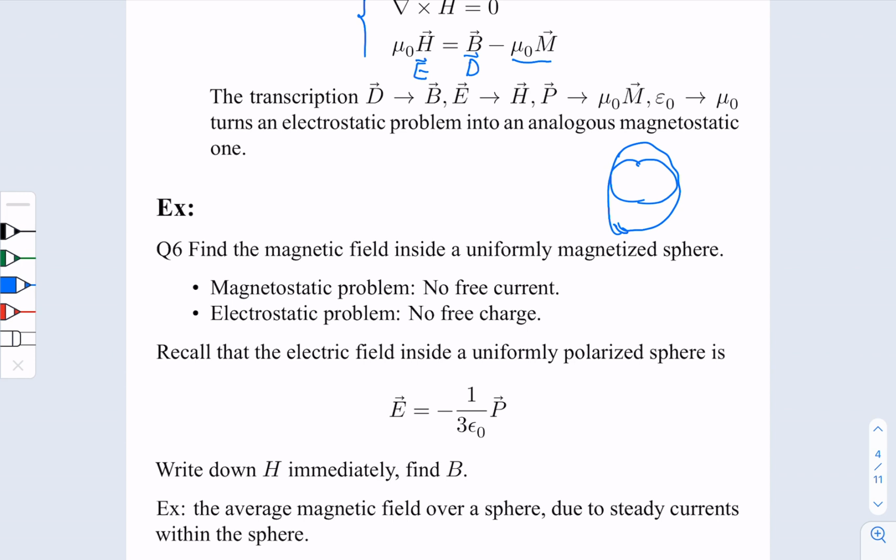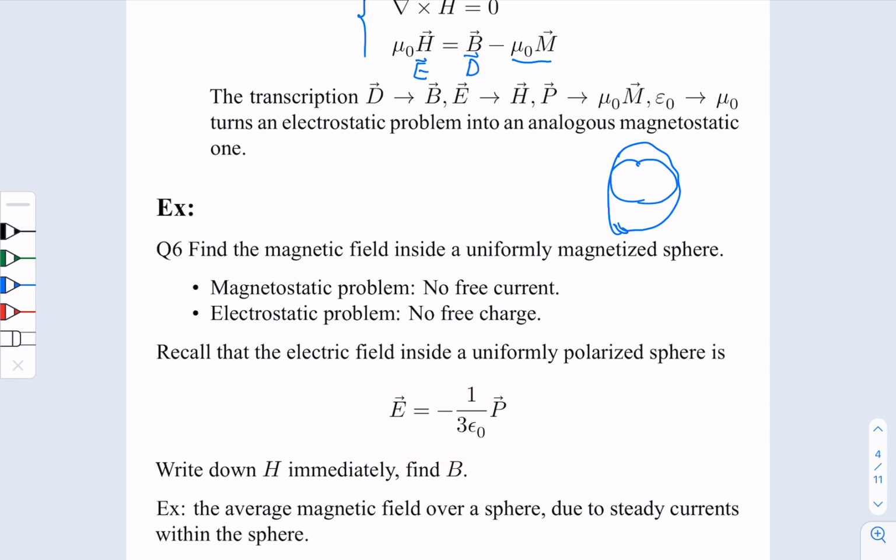And the solution that we found is that inside the polarized sphere, the electric field is minus 1/3 epsilon naught times the polarization vector P. So now what you want to do is simply to look at this expression and change the symbols.